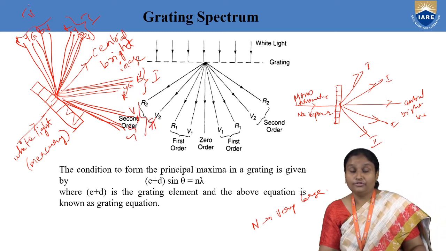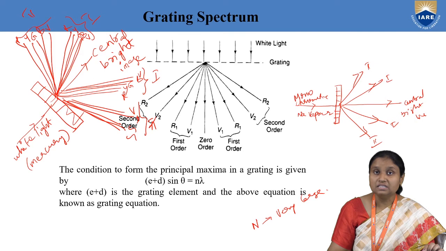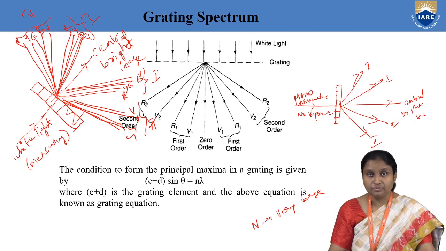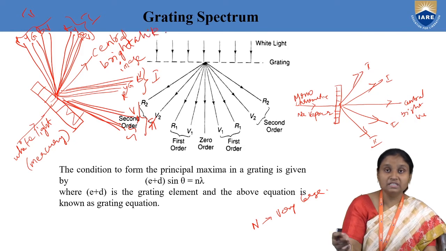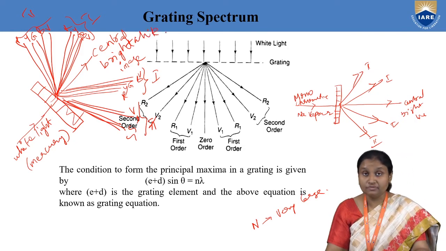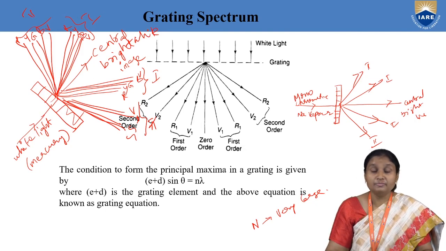So instead of monochromatic light, if we use white light, our zero order principal maxima will still be a central white image. Why? Because all the wavelengths reinforce each other and intensity will be maximum. And when we go to the other order principal maxima, in each principal maxima you have spreading of light.